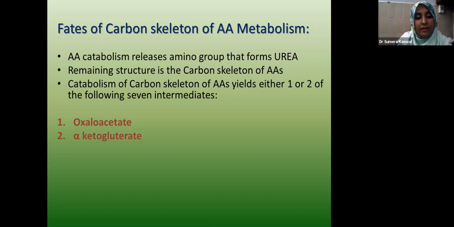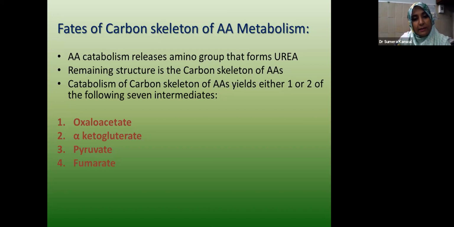The second one is alpha ketoglutarate, again an intermediate of the TCA cycle, Krebs cycle. Third one is the pyruvate, again an intermediate of glucose metabolism. This pyruvate can enter into the TCA cycle, or it can enter into gluconeogenesis for synthesis of glucose, depending upon the requirement of the body.